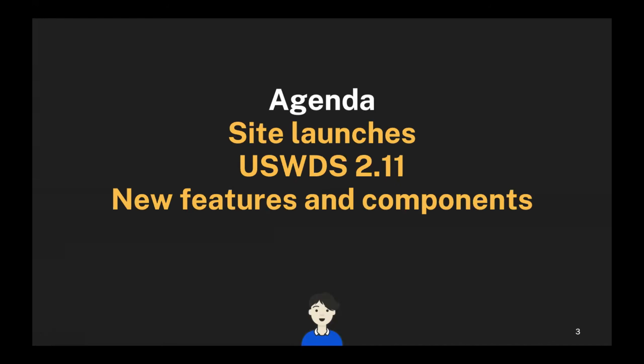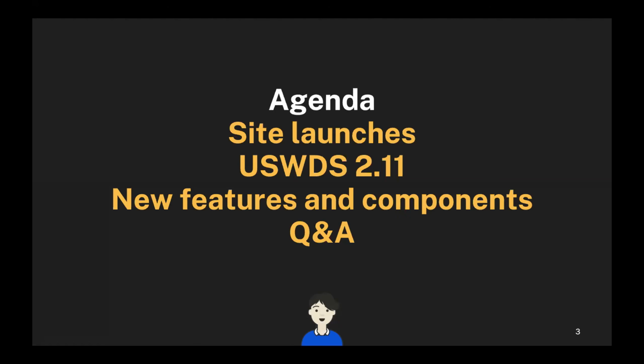Then we'll go a little deeper and see some of the new components in action using the emergency response scenario we used a few months ago when we looked at USWDS 2.10. And then, if all goes well, and I get my timings right, we should have some time for questions and answers at the end. So let's minimize the jibber jabber and get moving.